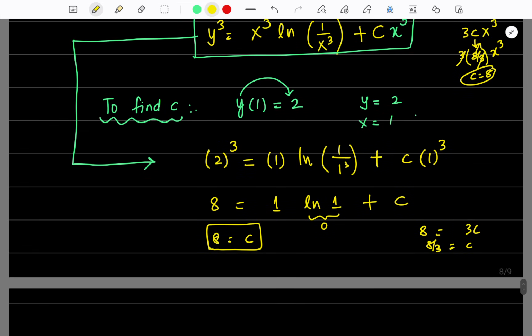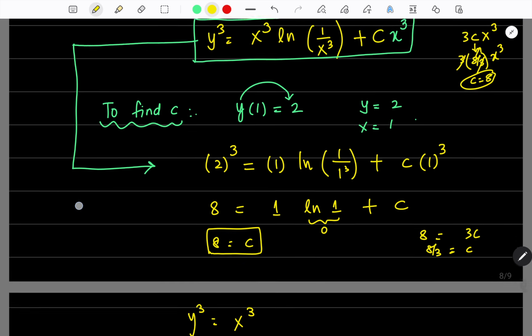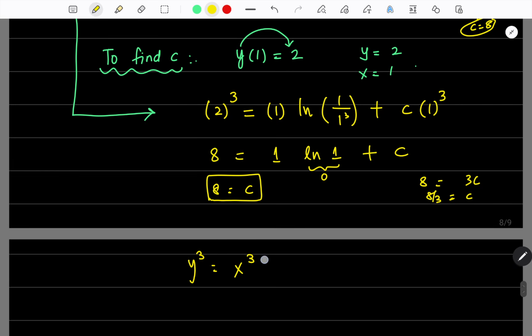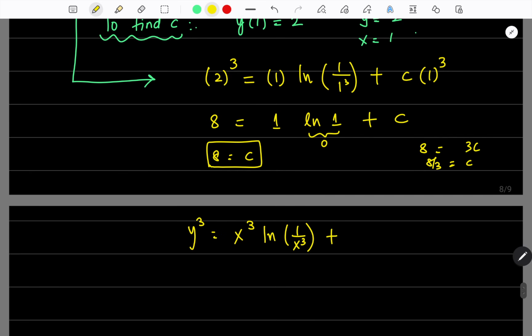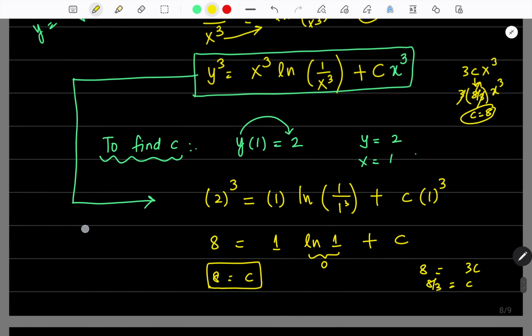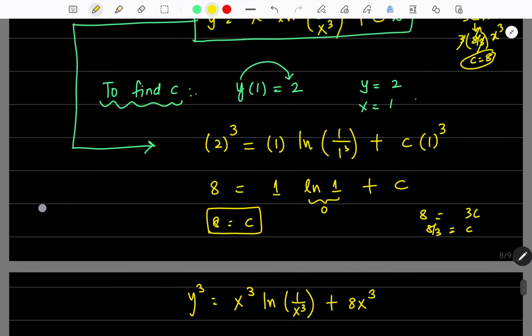So let me put the value of c there. y cube is equal to x cube ln 1 by x cube, and then plus c. How much is c? c is equal to 8, so which is 8x power 3. Let me write the equation again because it's on the top.